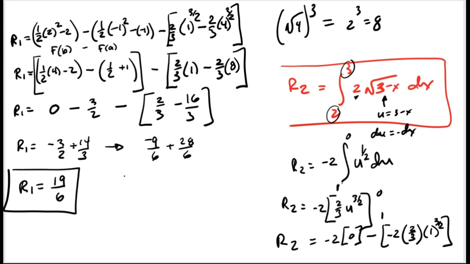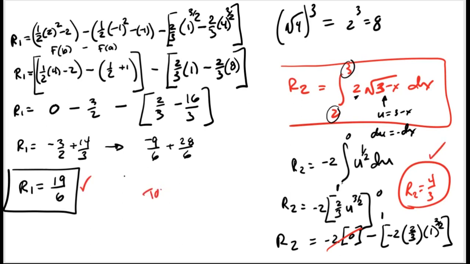So -2 times 0 is 0. And we're left with negative of -4/3. So R2 is equal to +4/3. And again, we said that anytime we are working with area between two curves, we expect our answers to be positive. We have two positives for our two regions.